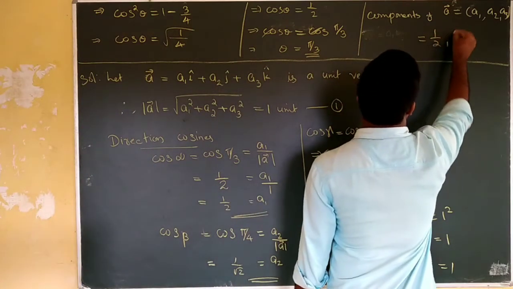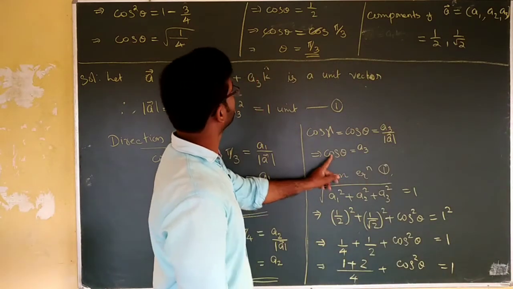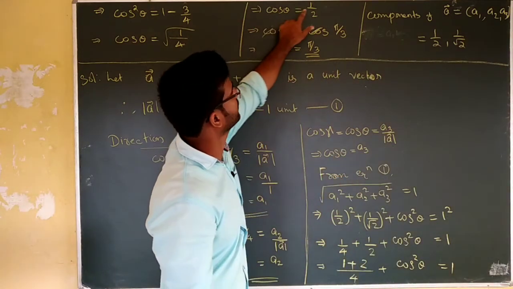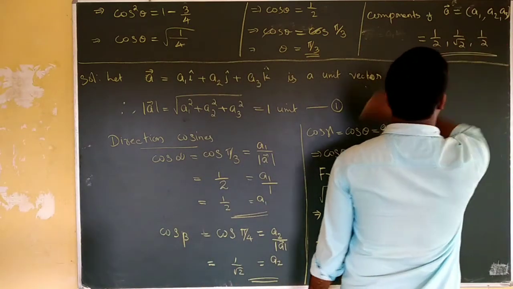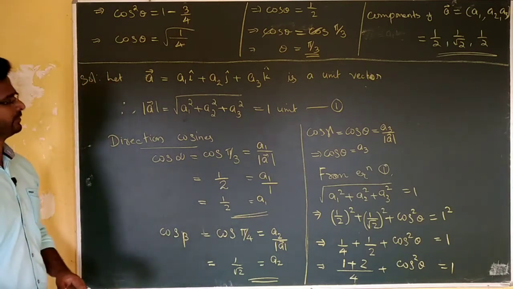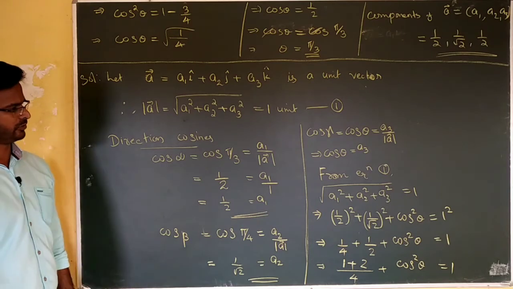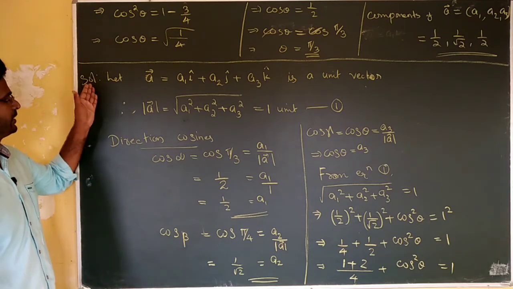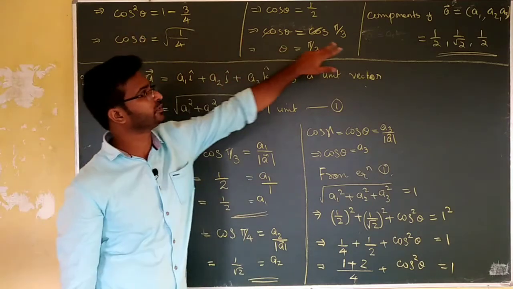Then A3 is cos theta, already got it in here, cos theta is 1 by 2. These are our components of a vector. Now just pause the video, write down in your notebook. When you write, starting from here, then up to here, then 1, 2, 3, like that only.